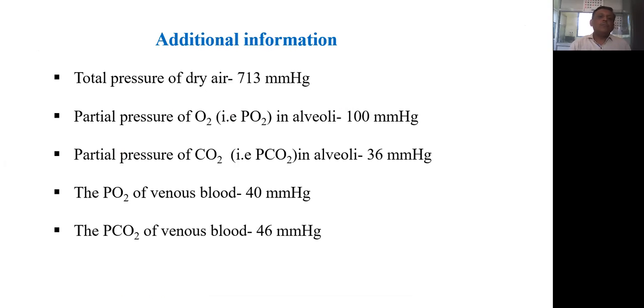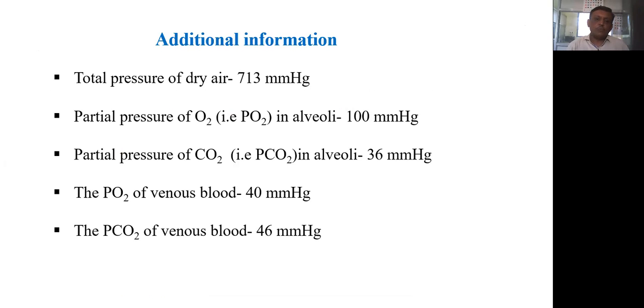Here are some additional points to remember. What is the total partial pressure of the dry air which we breathe? Total partial pressure of dry air is about 713 mm of Hg. Then partial pressure of oxygen, represented by PO2, in the alveoli is approximately 100 mm Hg.